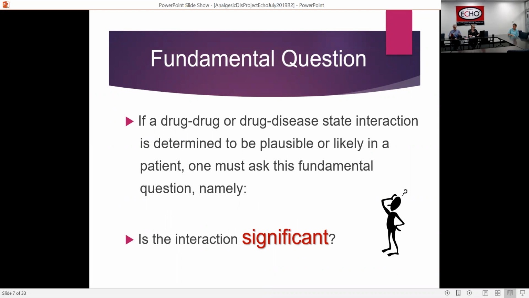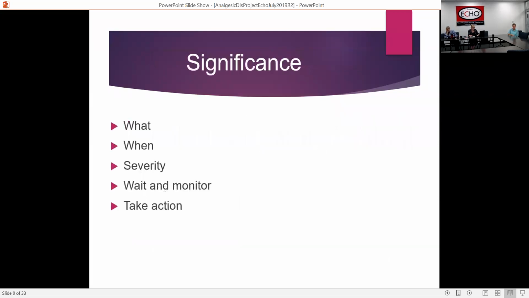Is that drug interaction likely to have a significant, profound, detrimental, even lethal outcome? That's where you have to interpret the literature and mix that with your own experience with patients who take drug combinations that are potentially problematic, and then decide whether or not it's going to be significant for a given patient.